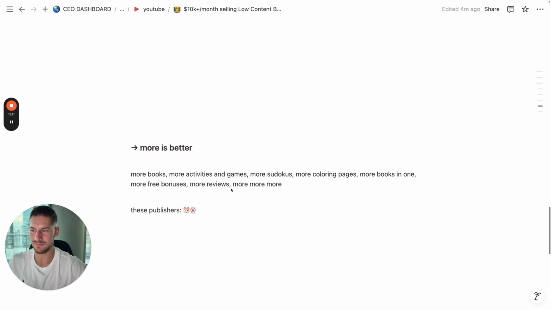Then there's the idea that more is better: more books, more activities and games, more sudokus, more coloring pages, 10 books in one, 10 free bonuses, 5,000 reviews. With all these things, guys, you are just creating a hamster wheel, another rat race. You want to publish to achieve financial and location freedom, and you're building yourself another 9 to 5. For these 4 books, I made 100K in profit. I made a 6-figure profit last year from only 4 books.